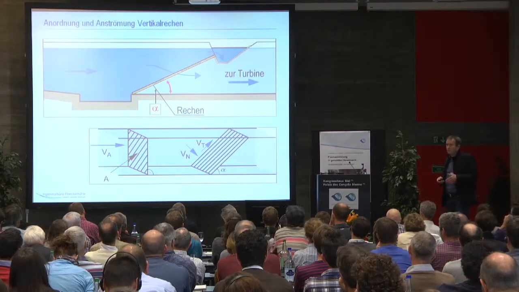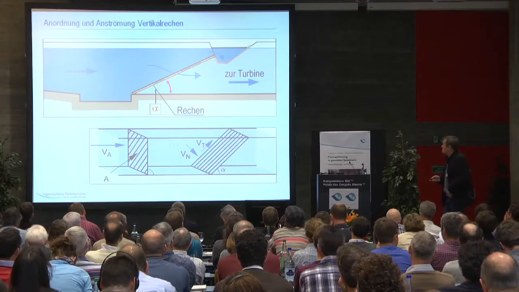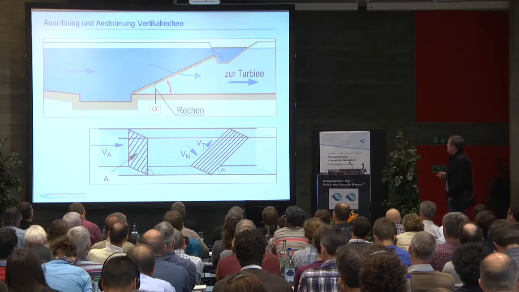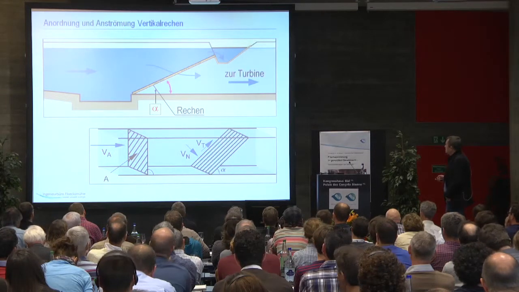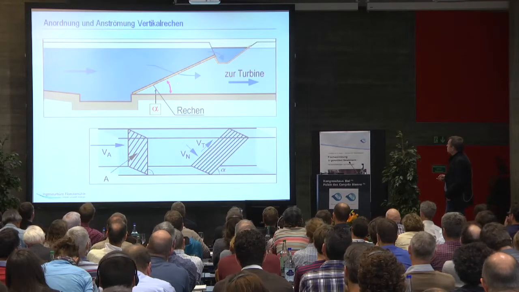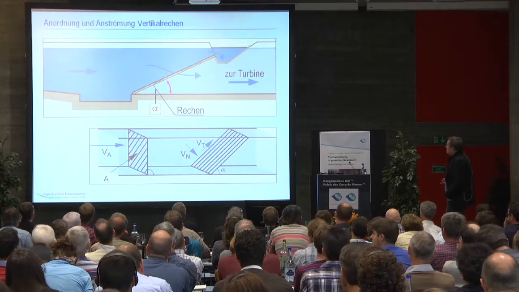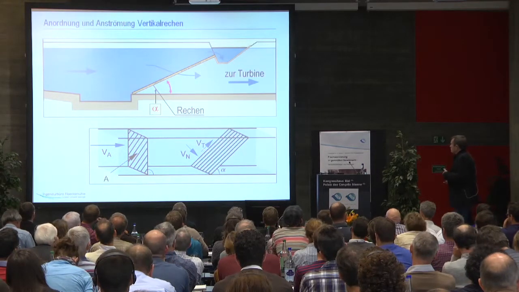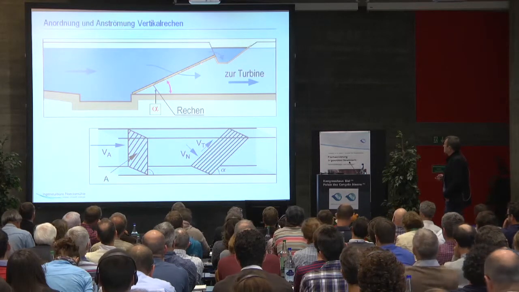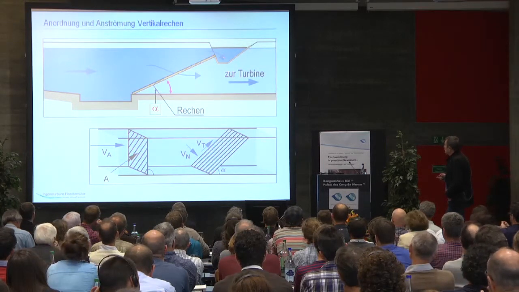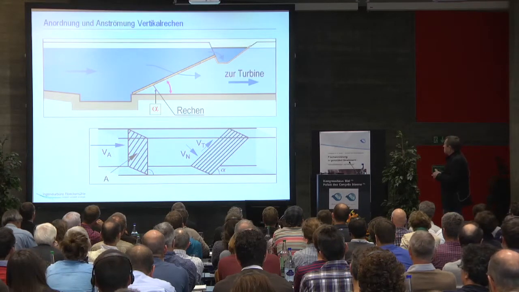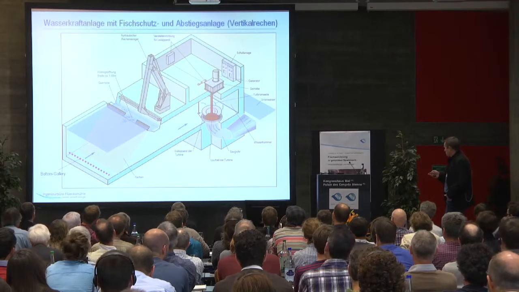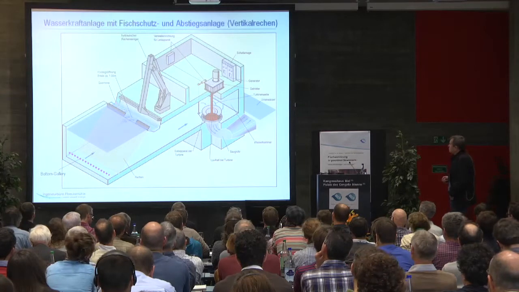And in addition to this horizontal screen, for small hydroelectric power stations, we also use a different design, the vertically inclined screen at a certain angle to the riverbed. And here you must look at the flows, the different velocities, velocity components, and then you have to design this surface water bypass channel adequately.